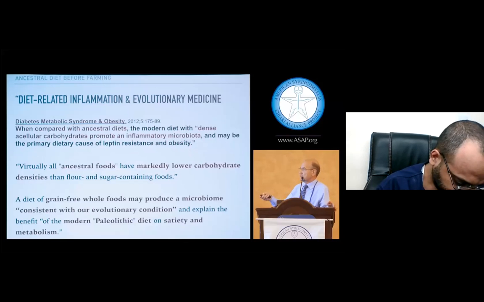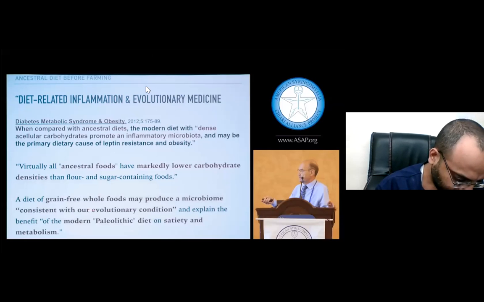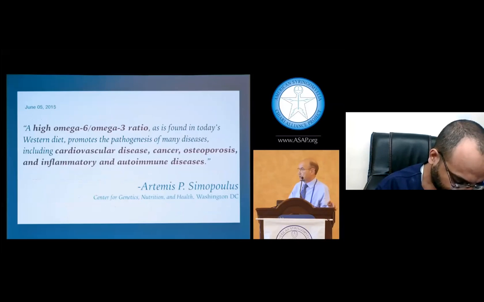When they looked at ancestral foods, virtually all ancestral foods have markedly lower carbohydrate densities than flour and sugar-containing foods. A diet of grain-free whole foods may produce a microbiome consistent with our evolutionary condition and explain the benefits of the modern Paleolithic diet in satisfaction, satiety, and metabolism. So there's certainly medical backup.